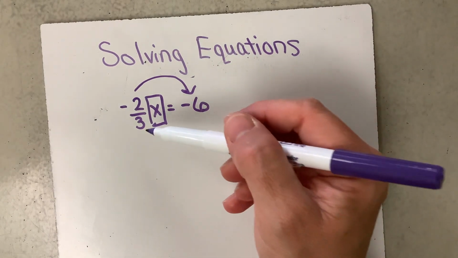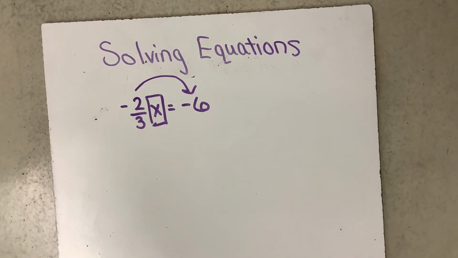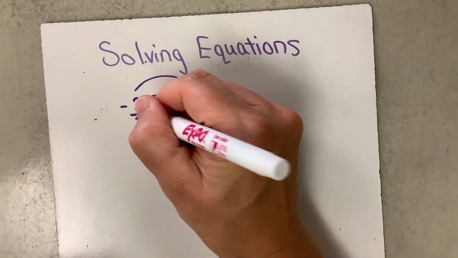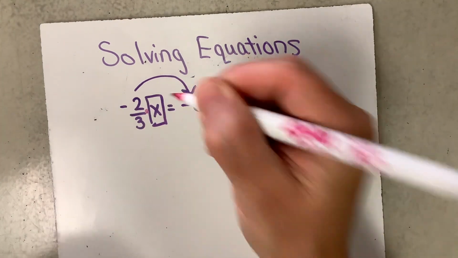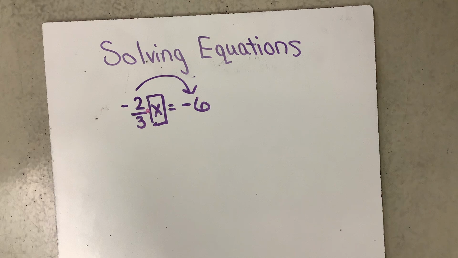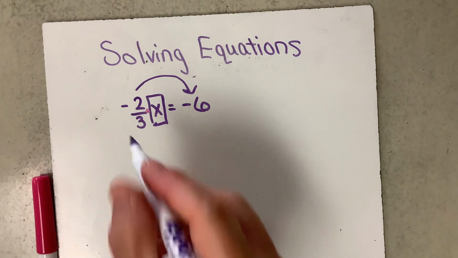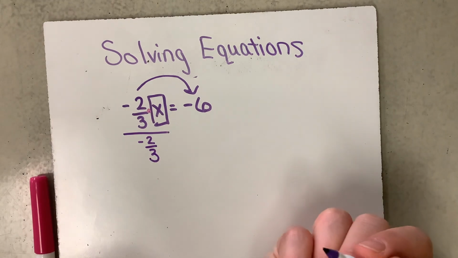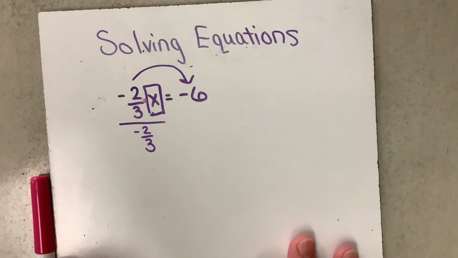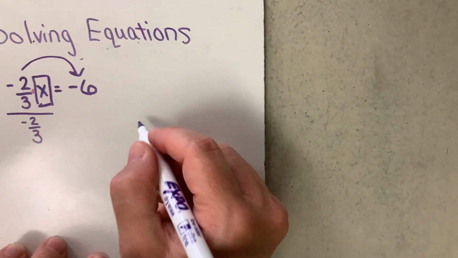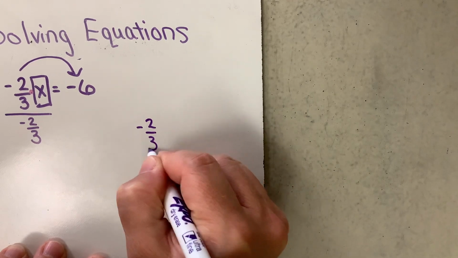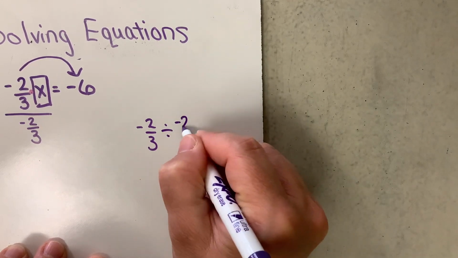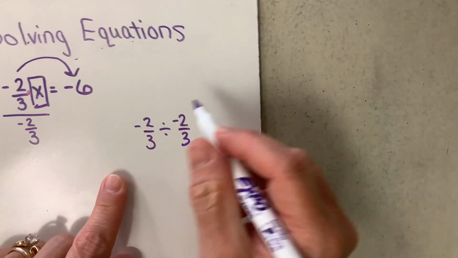Okay, I know that this is a coefficient and a variable, which means these are being multiplied. So to undo multiplication, I would divide by negative 2/3. Okay, now let's think about this for a minute. So negative 2/3 divided by negative 2/3, okay?